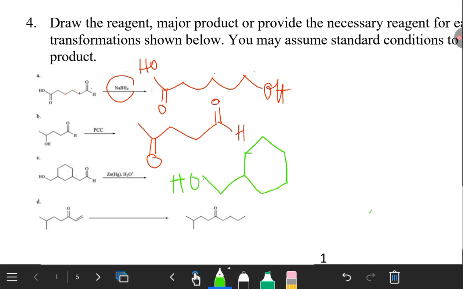Okay, then on this side we can see that it's a carbonyl bonded to a hydrogen, meaning that this is an aldehyde, and because it's an aldehyde, according to Clemmensen reduction, it's able to reduce this aldehyde to form an alkane. Because it is forming an alkane, this group here is going to be detached, and we are just going to replace it with an alkane.